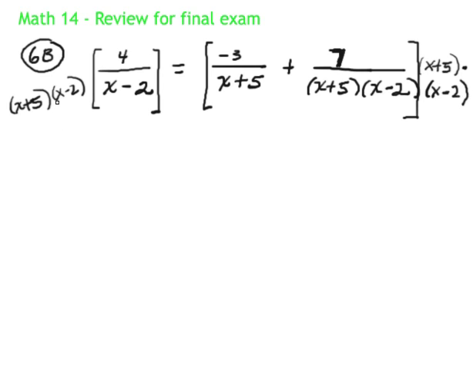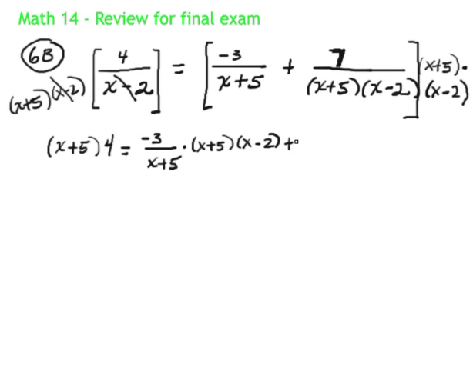Okay, on the left-hand side, x minus 2 cancels in the numerator and denominator, so we're left with x plus 5 times 4. On the right-hand side, we'll multiply through, and then we'll do our canceling. So we have minus 3 over x plus 5 times x plus 5 times x minus 2.